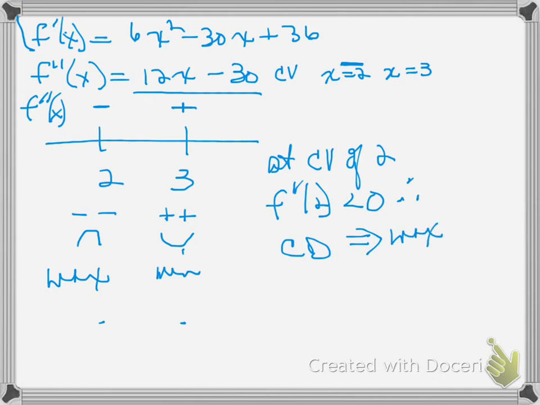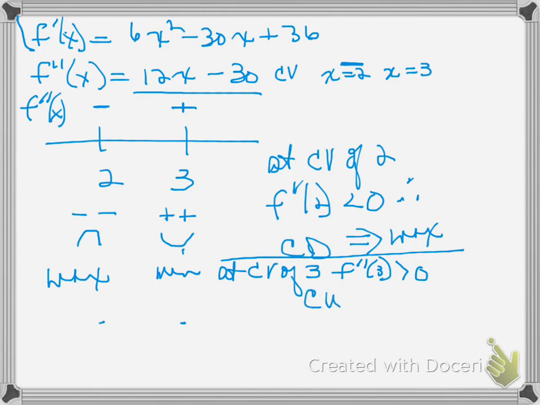All right, so now I'm going to try to fit in my second statement. So at a CV of 3, f prime prime of 3 is greater than 0, so that means I am concave up, which yields a min.